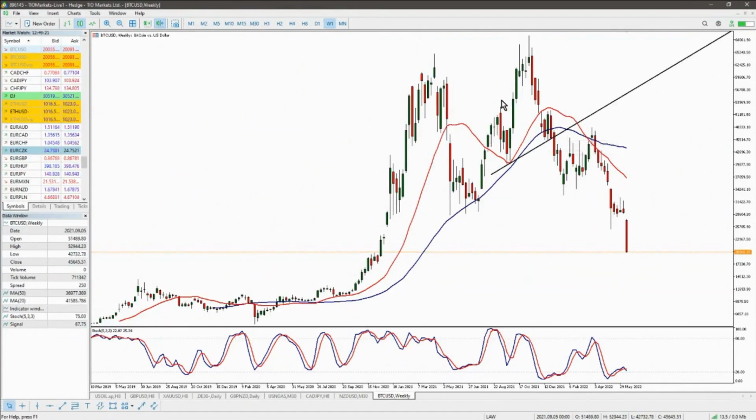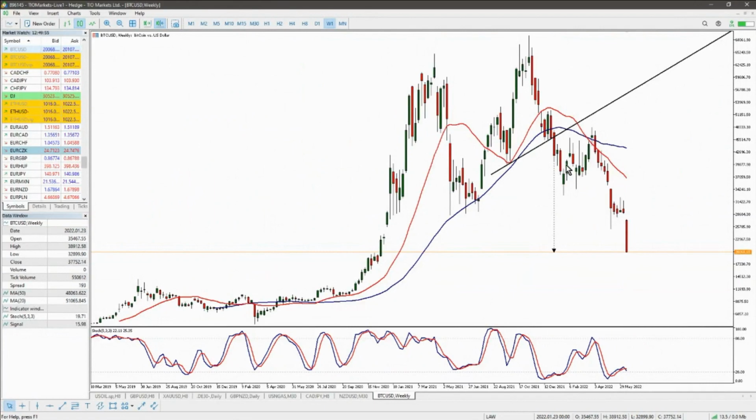I was referring to this head and shoulders formation here, and basically took a measured move target from the high of that head to the neckline, and then made a projection from that neckline break, and that basically takes us right where we are at the moment.